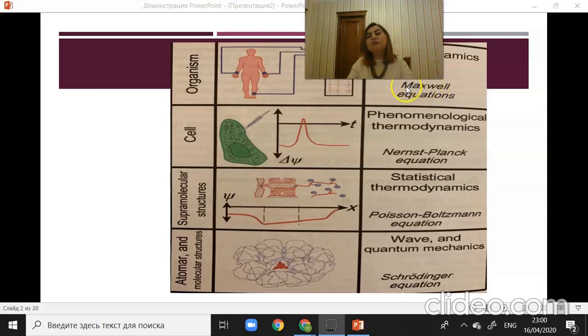The Maxwell equation takes into account different properties of different organs, like dielectric properties, resistance, and conductivity. Everything must be taken into account. And here an interesting question arises: our organism is a composition of different organs with different parameters, like dielectric and conductivity parameters.